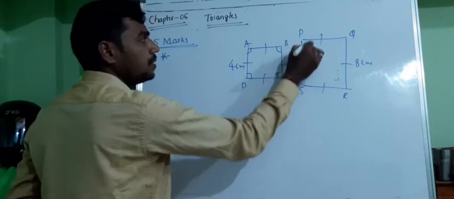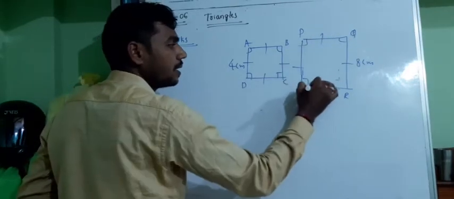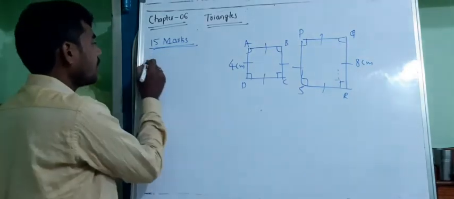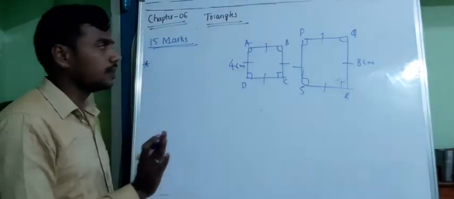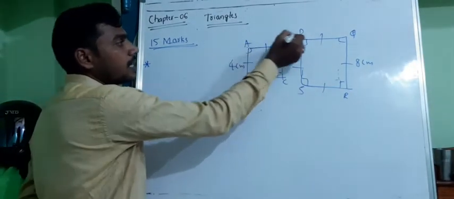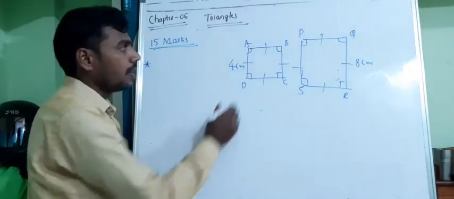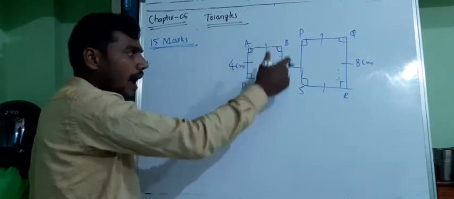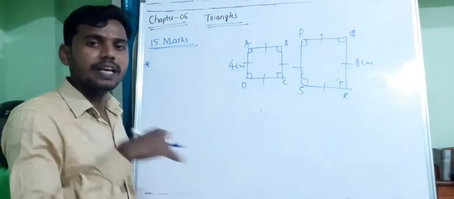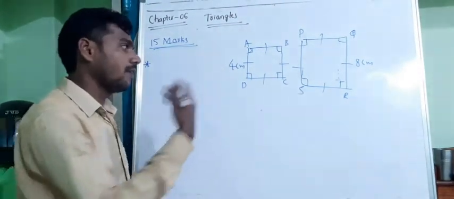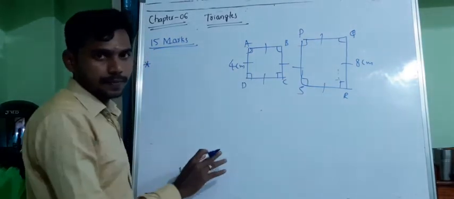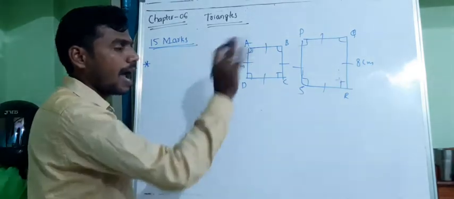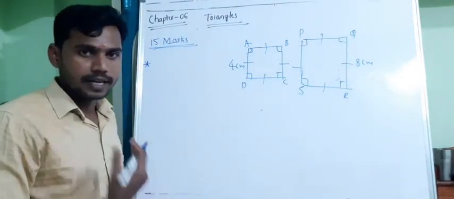I'll say these two squares are similar. Why do I say so? The basic criteria is, first I'll check the corresponding angles. Angle A corresponds to angle P. Are they equal? Yes, because all the angles of a square are equal to 90 degrees. Whatever the length of a side may be, the angle will be equal to 90 degrees.